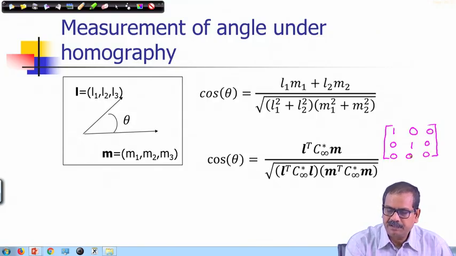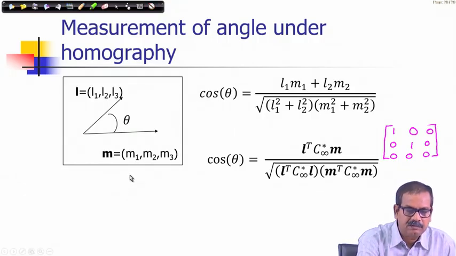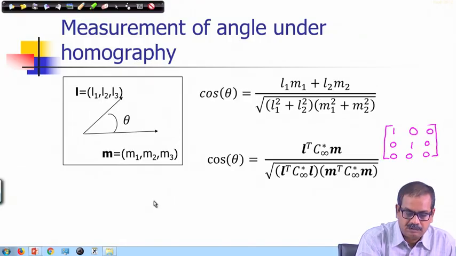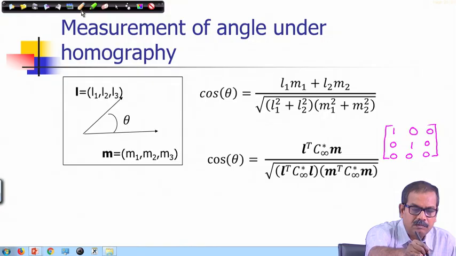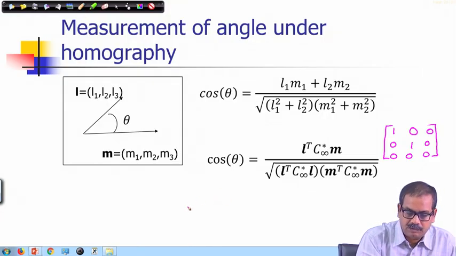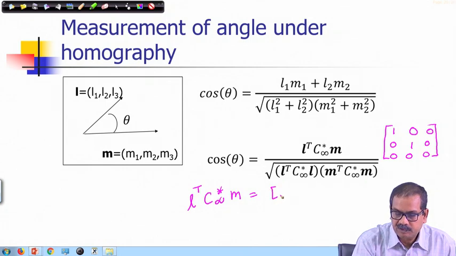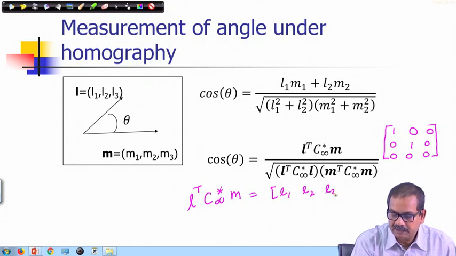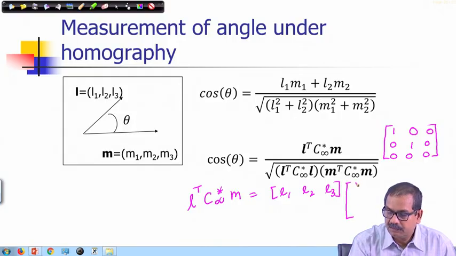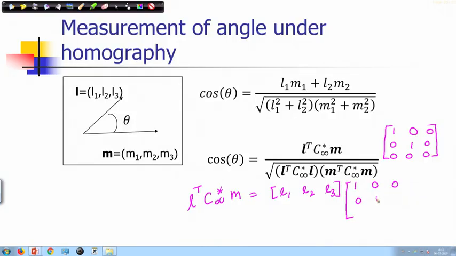So, once you multiply, L transpose C infinity star M is L1 L2 L3, then the matrix 1 0 0, 0 1 0, 0 0 0, and then for M we have M1 M2 M3.